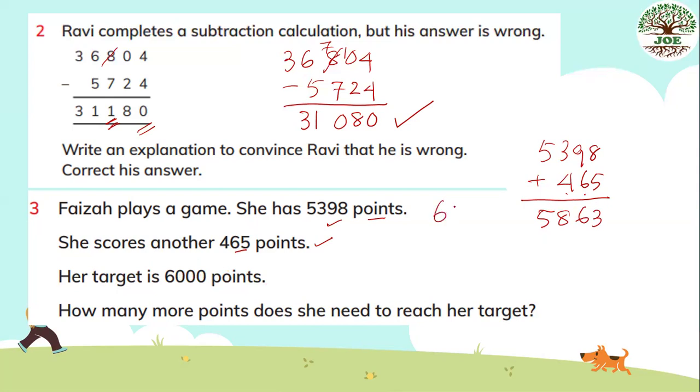Okay, second step is from 6,000, we have to take away her recent score, 5,863. The answer is 137. Borrowing again, this is 10. 10 minus 6 is 4.